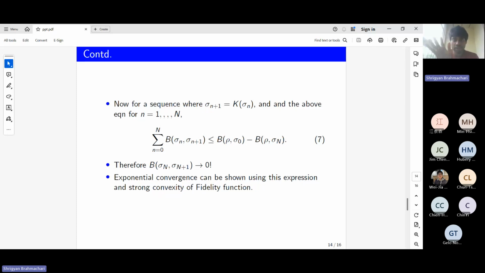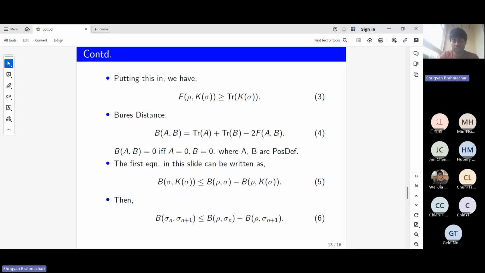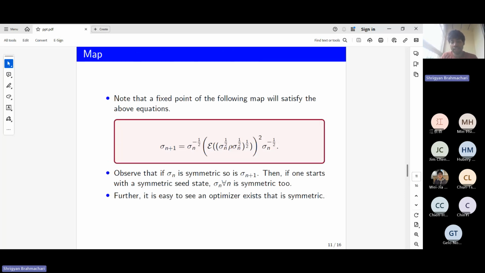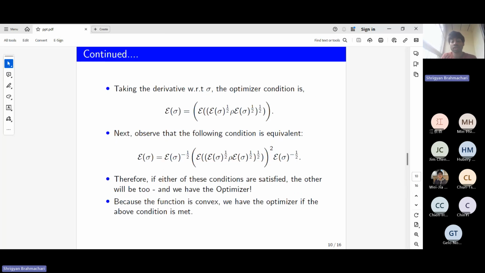Won't actually happen, but just humor me. If sigma n is equal to sigma n plus 1, then when you act that map on sigma n, it gives you the same solution. And as I explained before, that's just a derivative condition. This map is built in this way, that if your sigma n plus 1 is equal to sigma n, it just means it satisfies these equations, which is the condition for optimizers.